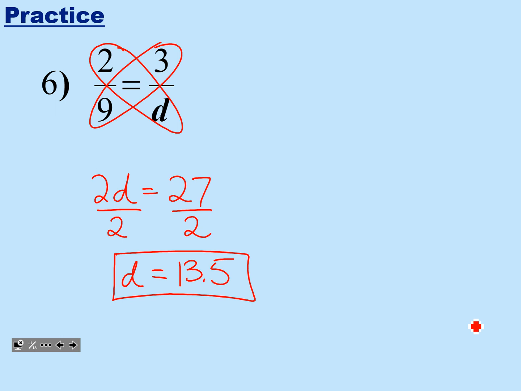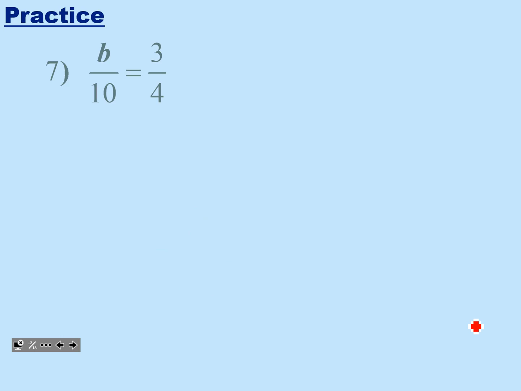Okay, let's go to number 7. Again, I want you guys to solve this on your own. Please press pause now. Now, the way that I'm going to approach this again is see if I can simplify any of my ratios. Now, I discovered that I can't simplify any of my ratios. 3 to 4 is in simplest form already.